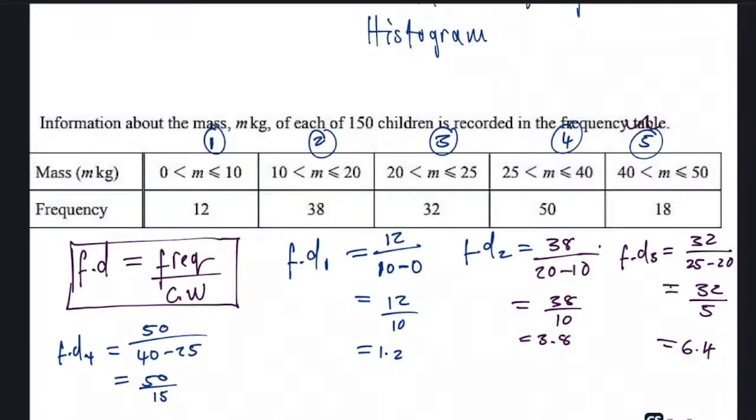So it's 50 over 15, which is 3.33. Then the frequency density for the fifth one is frequency 18 over class width 50 minus 40, which is 18 over 10, and this is 1.8.